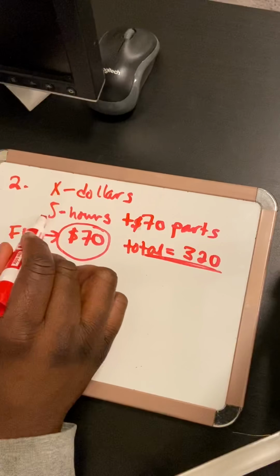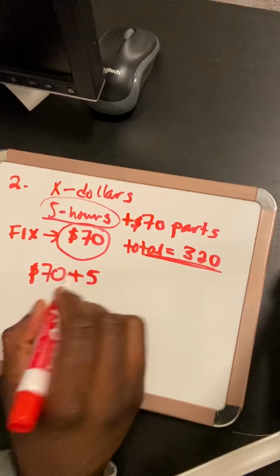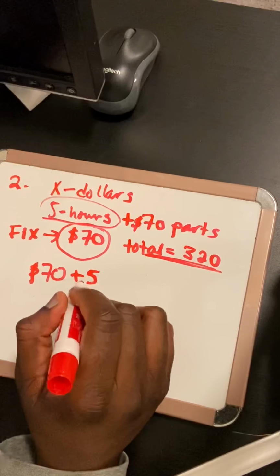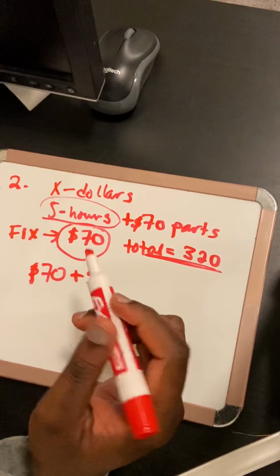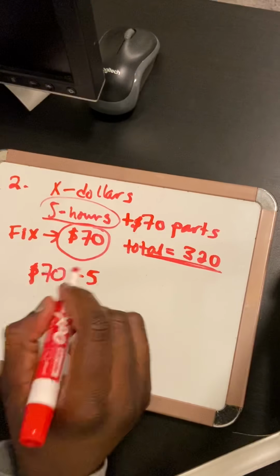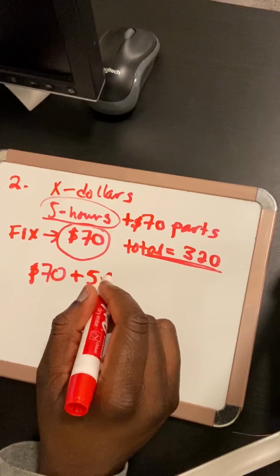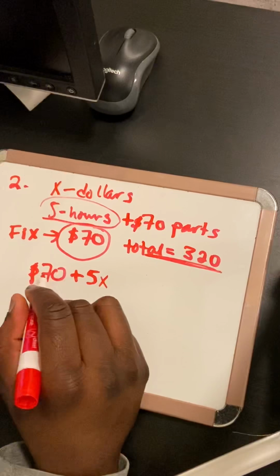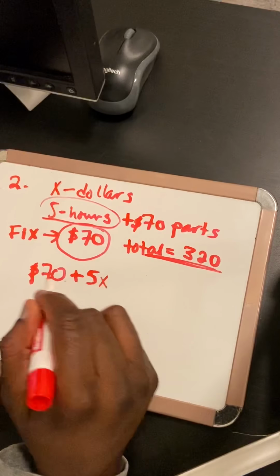The job took 5 hours, so let's take 5 hours. For every hour there was something charged, but the problem doesn't give us that information, so we're going to put X here. So let's say it was $10 per hour. It would be 5 times 10, which is 50, plus the 70.